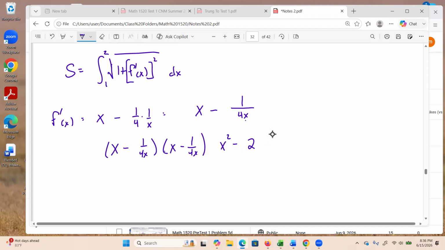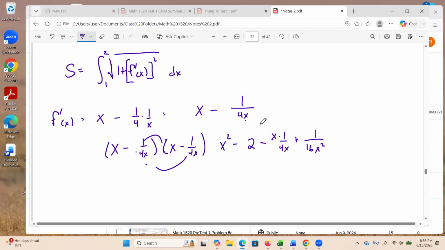This is going to be x times 1 over 4x, and there's going to be 2 of them: the inners and the outers. So we have 2x times 1 over 4x. And then we have the last, which is negative times negative, so we have positive 1 over 16x squared.